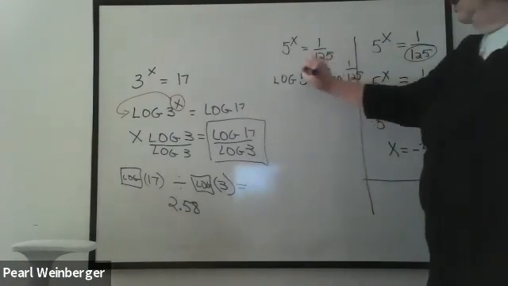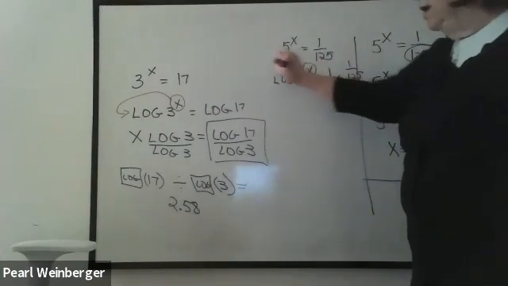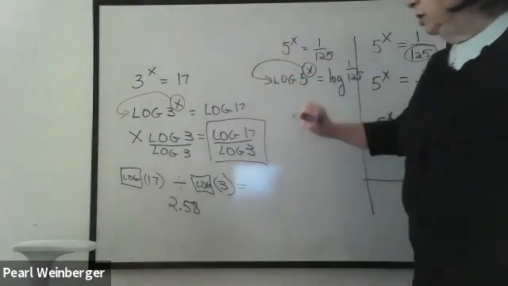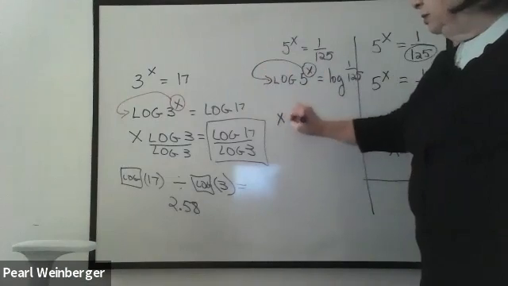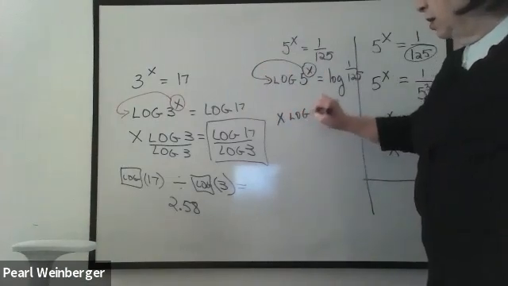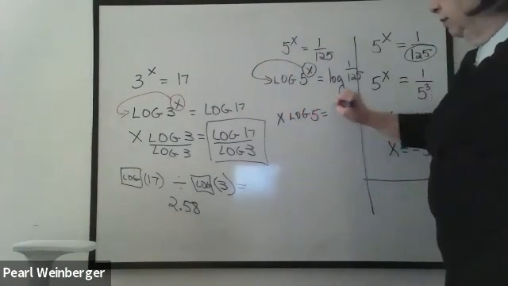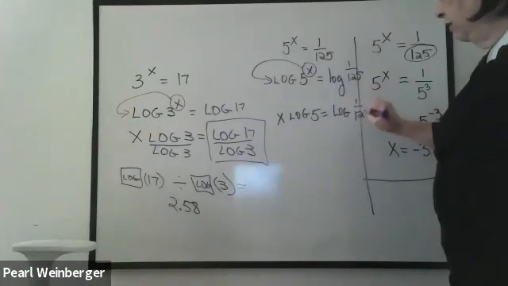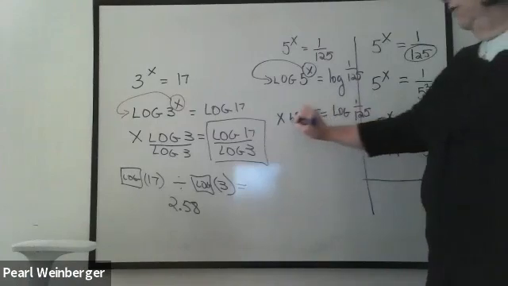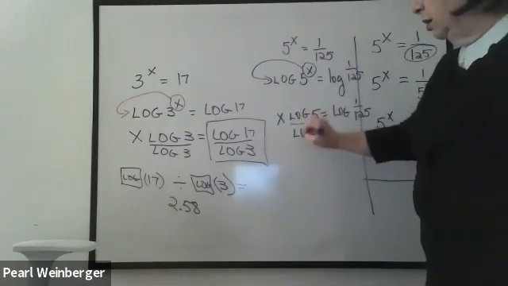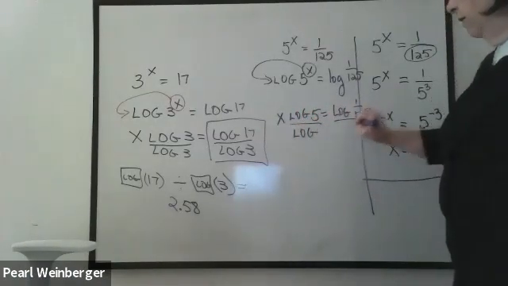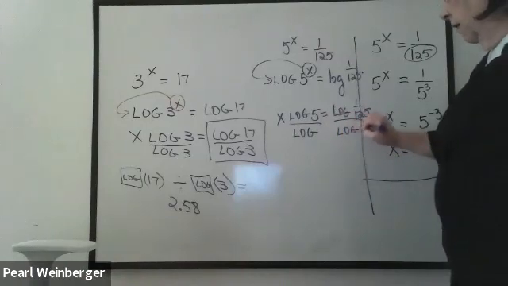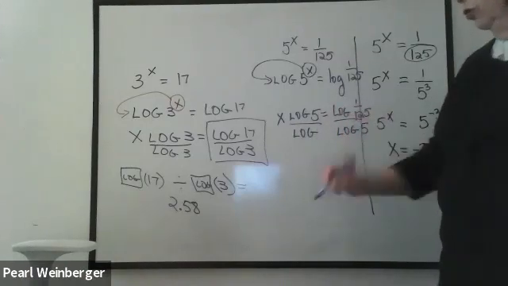And remember that the exponent then becomes the coefficient. So this becomes x log 5 equals log 1 over 125. And then divide both sides by log of 5. And that's exactly what I'm going to do.